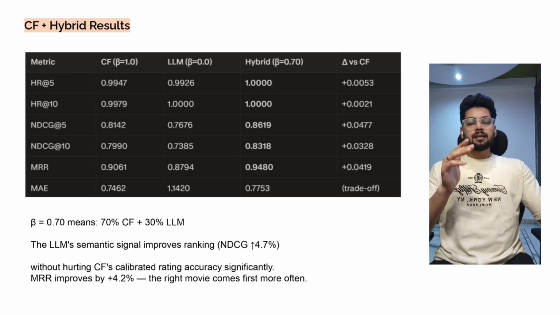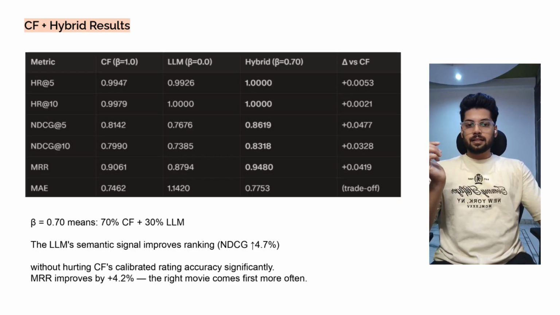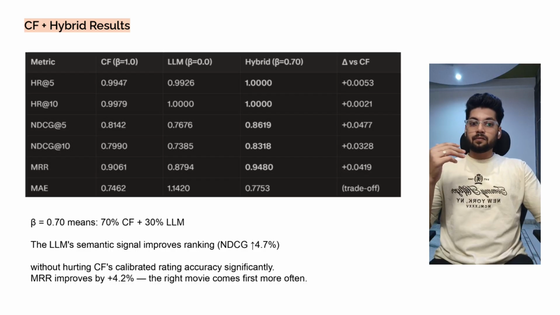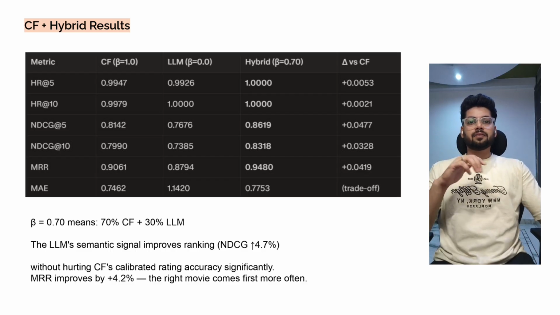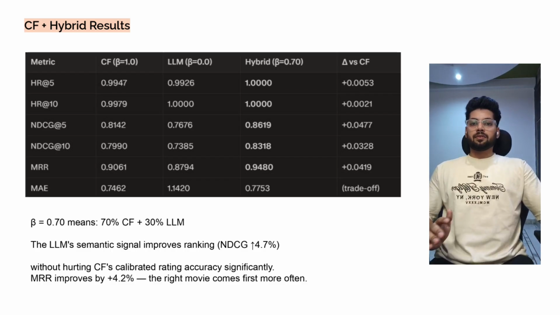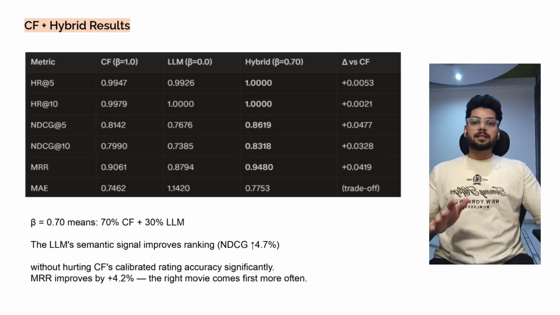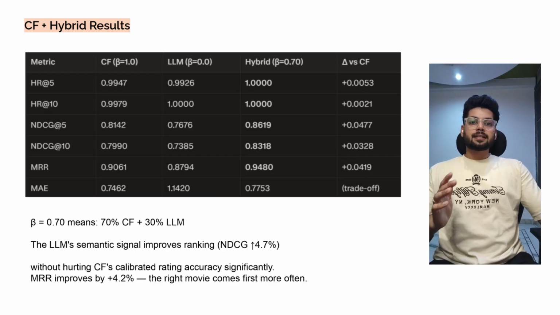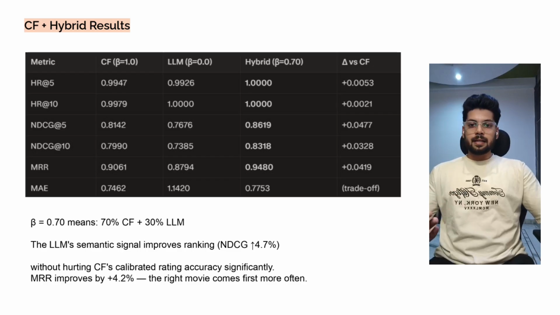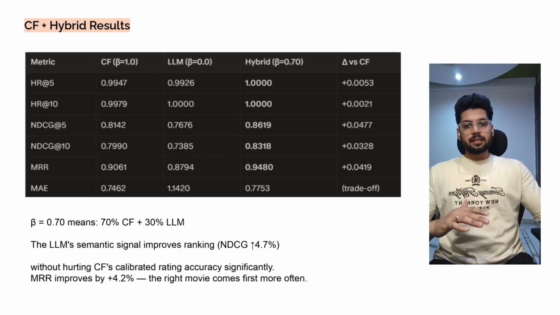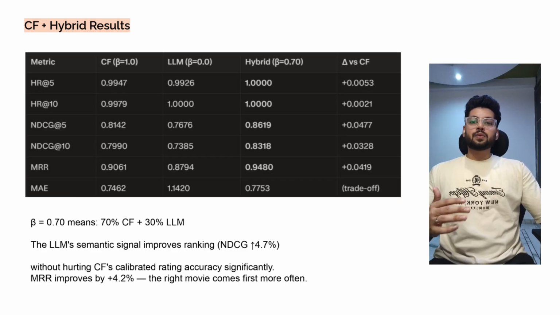The reason the 70-30 split worked well is that the CF contributes the strong personalization from historical patterns, while the 30% LLM weight acts like a semantic re-ranker. It slightly boosts the movies that are content-aligned with the user profile, even if they haven't been seen by similar users before.